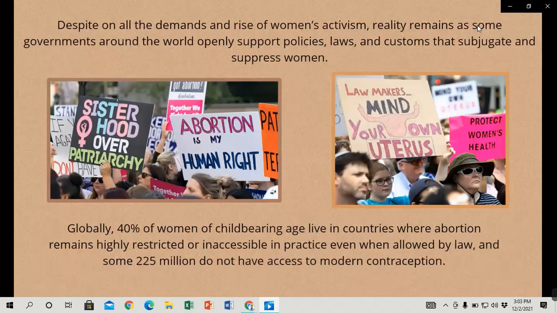So kung sino yung nakaka-experience ng ganun, sila yung may karapatan to have a say, to have a demand on their right. That's why there is a need to listen to the demands of the people. If they say abortion is their right, or abortion is their decision, we have no right but to support them. Or if it's not to our liking, we should not suppress them or talk against them, because it is their decision, it is their right.